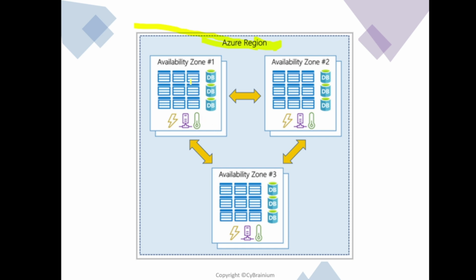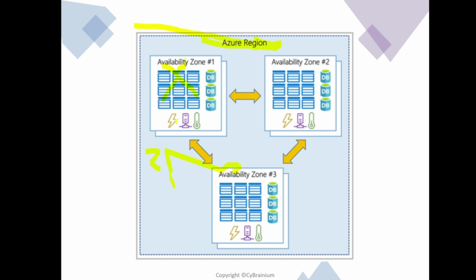Now what will happen if this zone has a power failure? In that case, zone 2 and zone 3 are already available. The pairing of these zones, we call it ZRS, zone redundant storage.